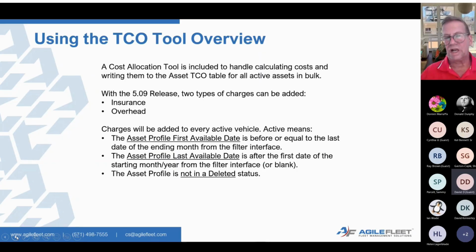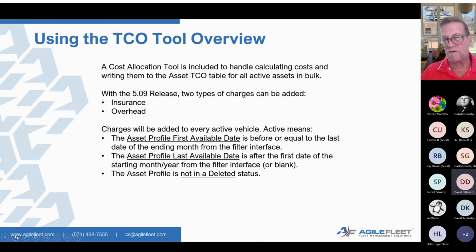Now, just a couple of things, and that is, when we talk about active vehicles, we're doing these charges for active vehicles. So for those of you that are familiar with FleetCommander, active means very specific things within FleetCommander. You can see in here, these are the rules as we've defined them.